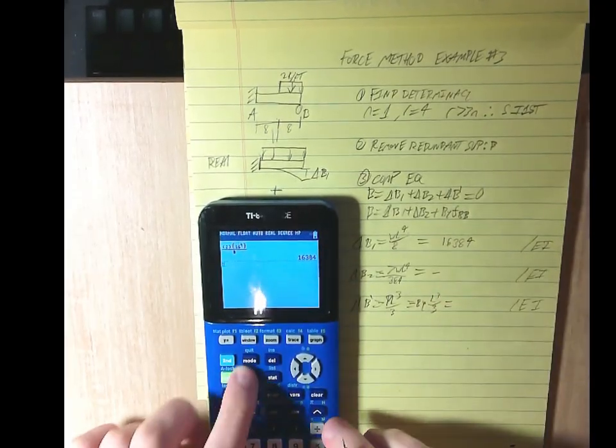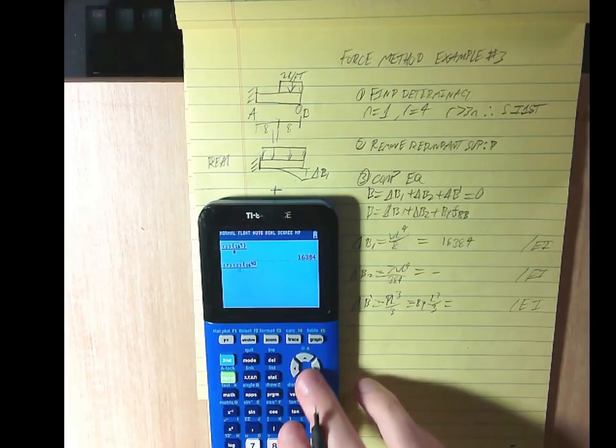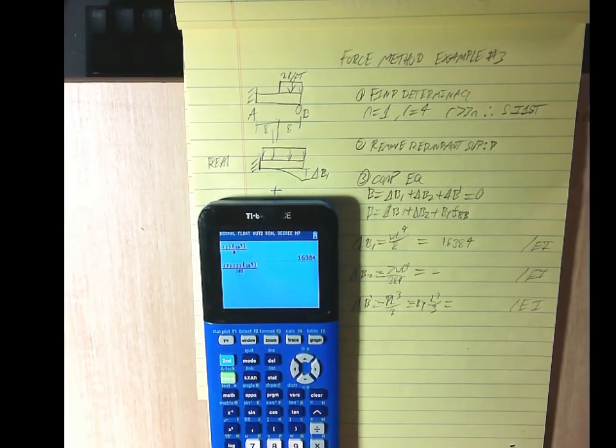This is going to give us a negative number, 7 times W, which is 2, times L to the 4th, which is 16 to the 4th, over 384, which is 7168 over 3.